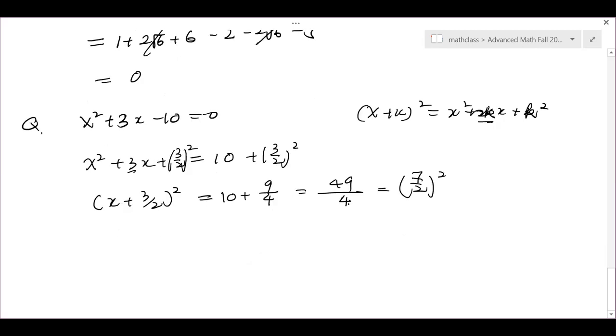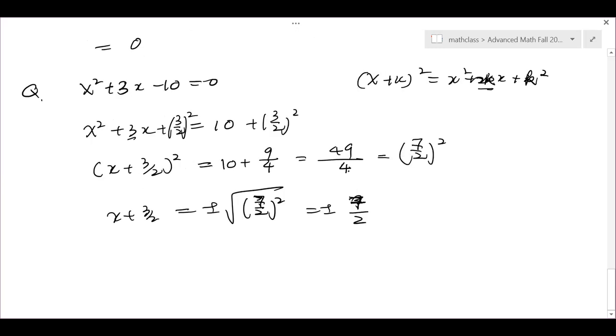All right, so this whole term squared is going to be (7 over 2) squared. So this should be plus minus 7 over 2. Okay, so you do get two solutions.